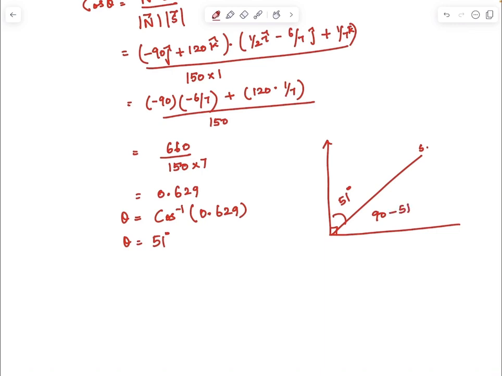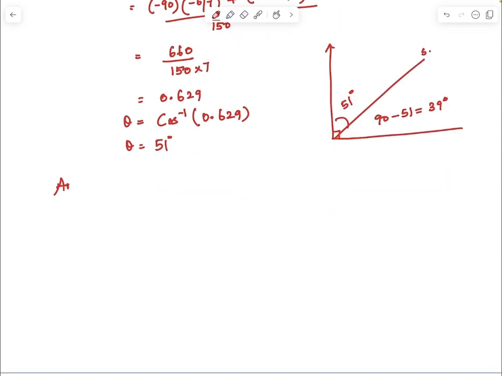So if we subtract 51 degree from 90, we get 39 degree. The angle of elevation of sun above roof is equal to 90 minus 51, which is equal to 39.